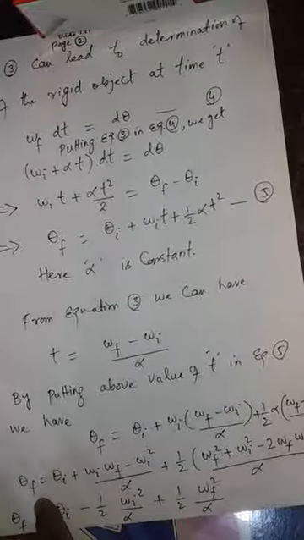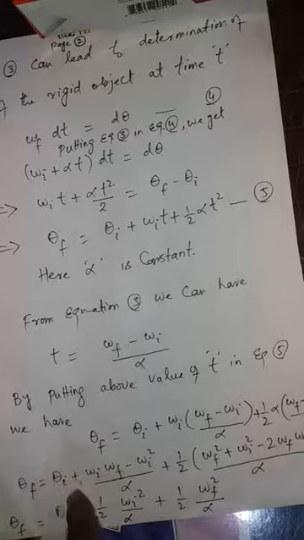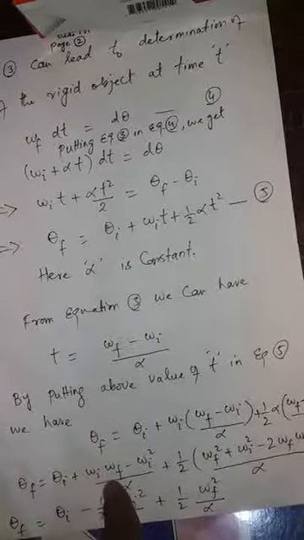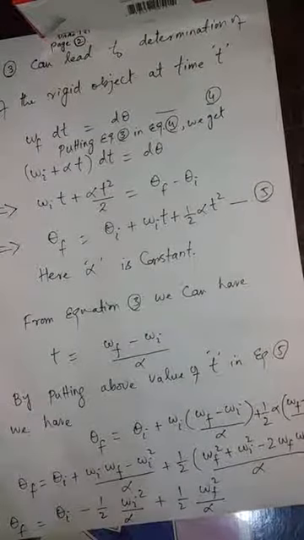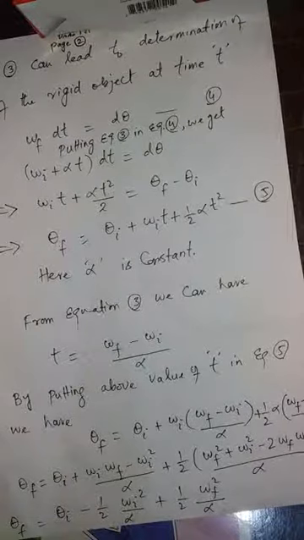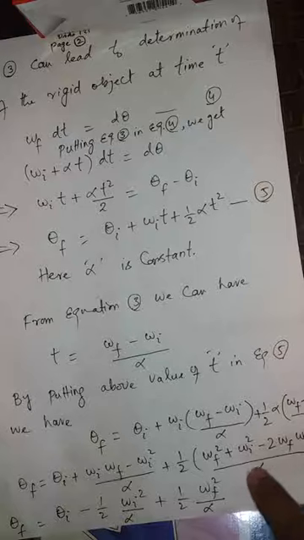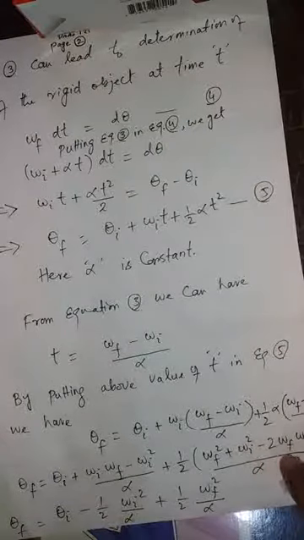Theta f is equal to theta i plus omega i into omega f minus omega i square over alpha, plus half omega f square plus omega i square minus 2 omega f omega i over alpha.